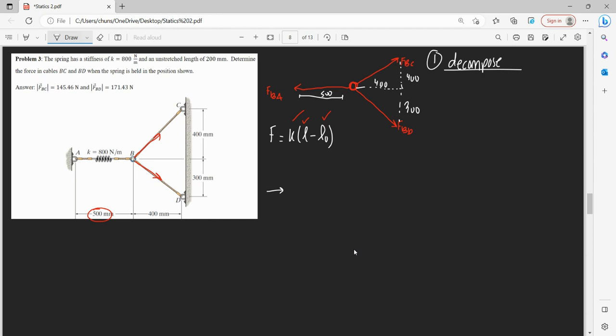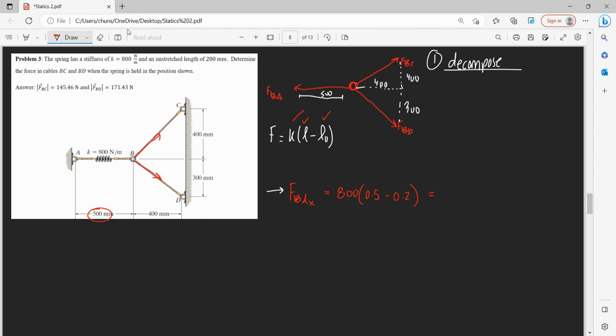I am going to start with our spring, and it's only in the X direction, so there's no Y component. That is going to equal 800 newtons per meter times our stretched length of 500 millimeters, so that's 0.5, minus our unstretched length of 200 millimeters.